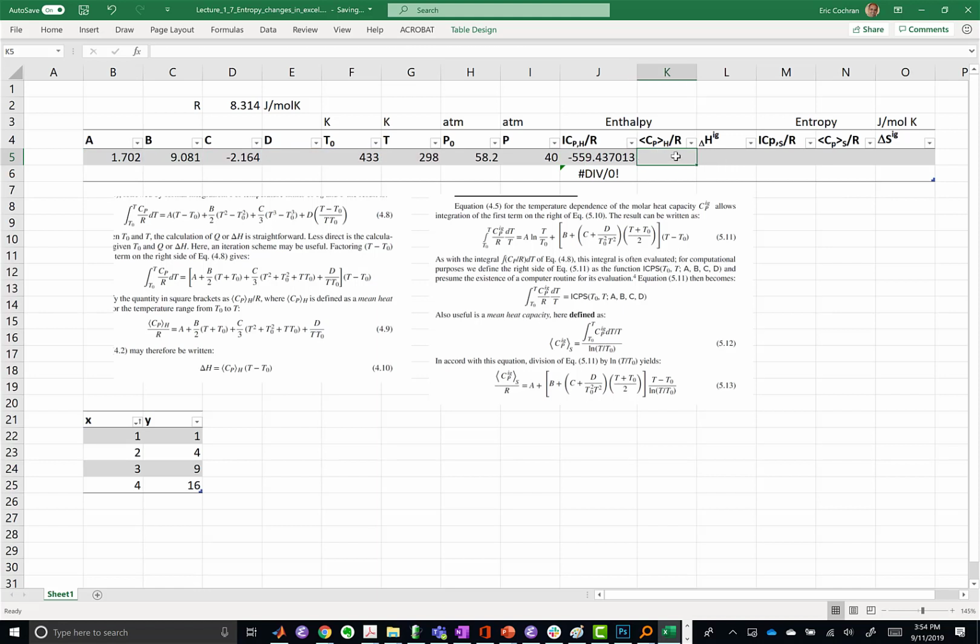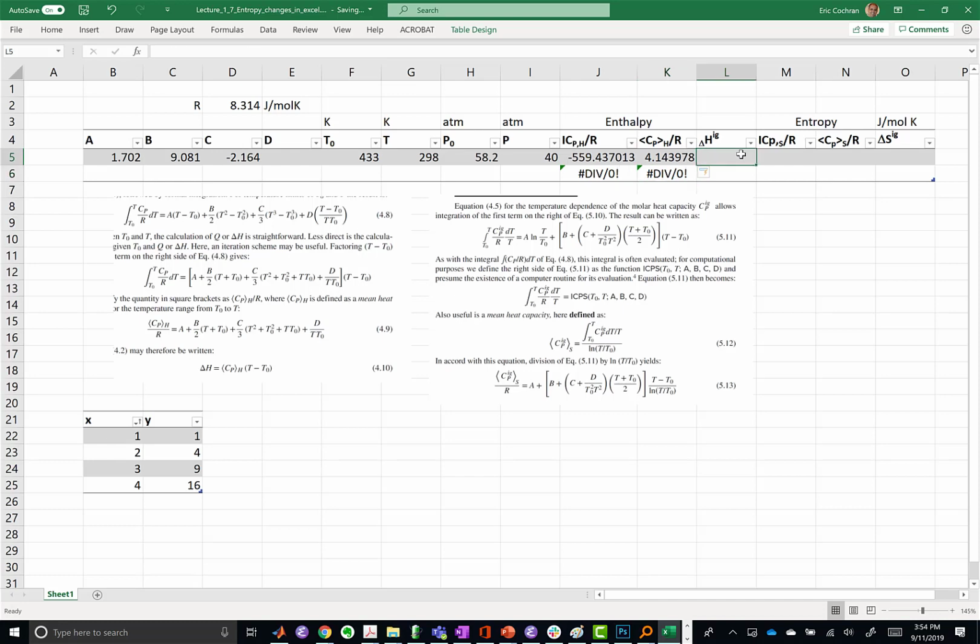Good. And so the average heat capacity, I can either type in the formula or watch this. Since I'm already doing the full integral, and it's really not hard for me to do since I'm doing it in the spreadsheet, it's just the heat capacity integral divided by delta T for the enthalpy. And I get a pretty reasonable value there for the average heat capacity.